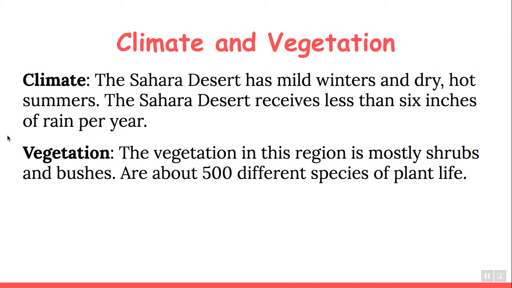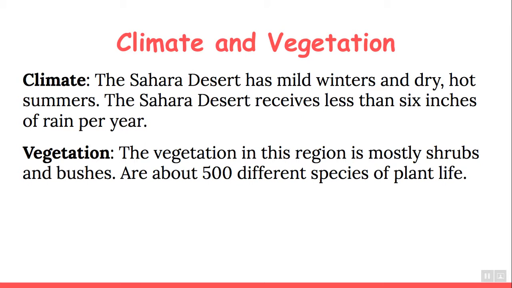Climate and vegetation. For climate, the Sahara Desert has mild winters and dry, hot summers. The Sahara Desert receives less than 6 inches of rain per year, which is really crazy if you think about all the rain that we get in the winter and springtime. They receive very little.